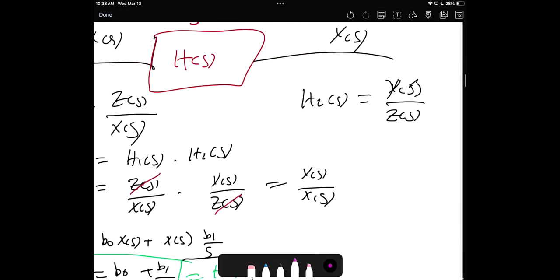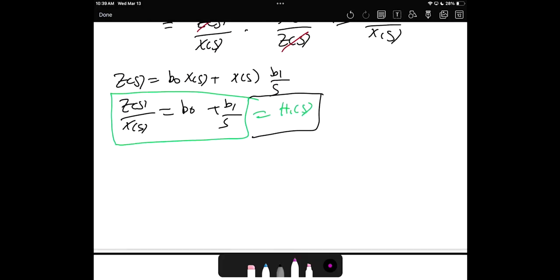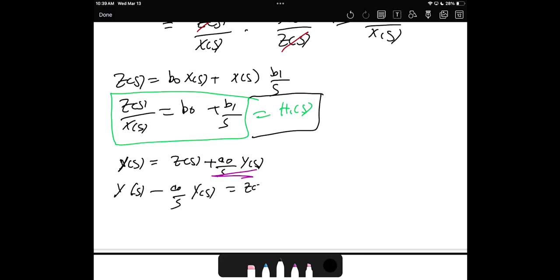Then I can write this down. So we can say y of s equals z of s, minus minus will make it positive, so it will be plus a0 over s times y of s. Okay? Move y of s to the other side because we need to isolate output over input. Then it will be y of s minus a0 over s, y of s equals z of s.